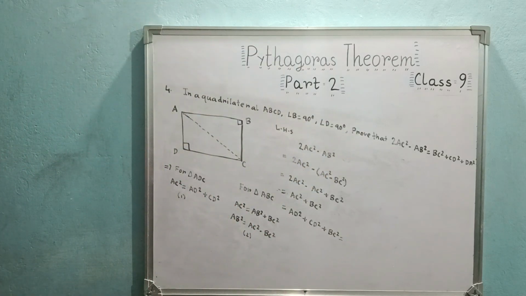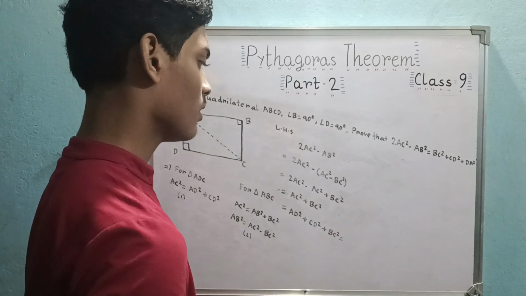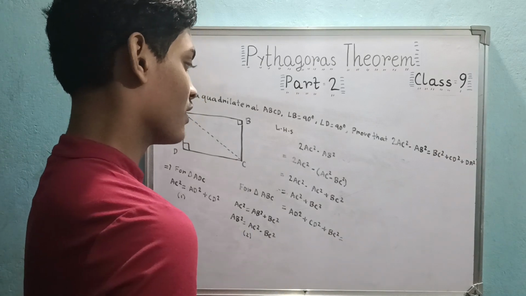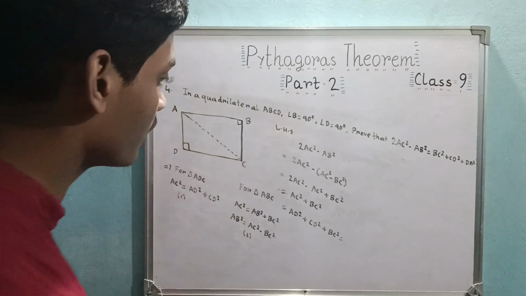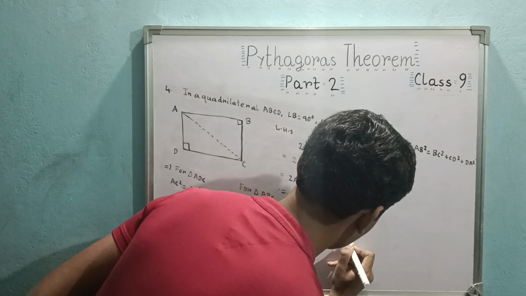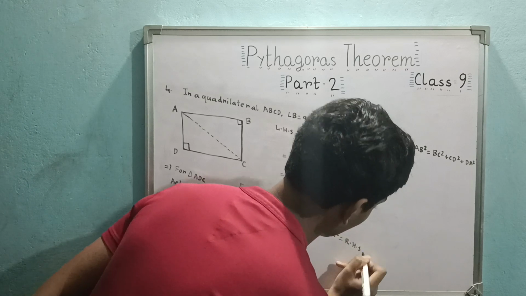Now, isn't that the RHS? Did we do the correct thing? Yes, this is the correct process. Equal to RHS. Proving done. That's how easy it is.